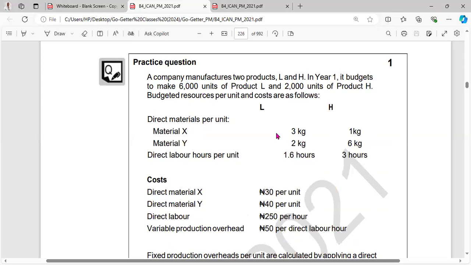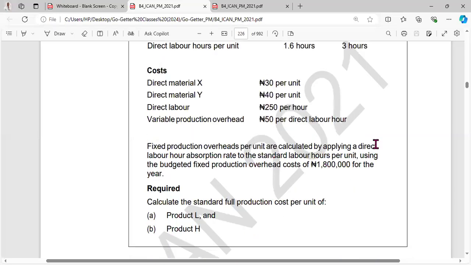And look at the materials, labor hours, then we have their costs. Fixed overhead absorption rates are calculated by applying a direct labor hour absorption rate per unit using the budgeted production overhead costs for the year. Calculate the full production cost per unit of product L and H.